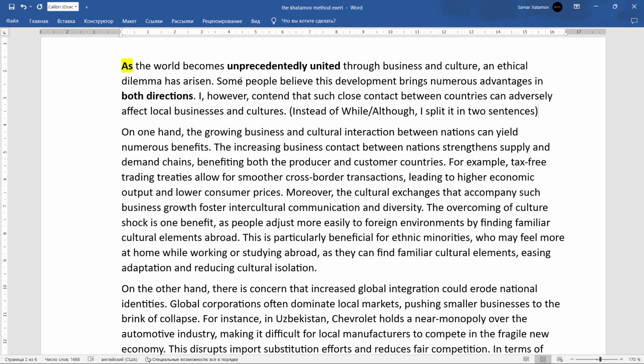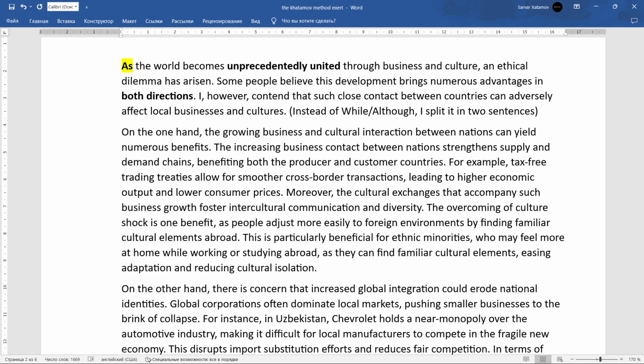Because if you use while, I think you're going to lose from coherence and cohesion. Well, at least this is what I thought when I was writing, so I made sure to play it safe here, right? So, on the one hand, or I said on one hand, there's the article missing, but that's okay. It does not have any effect on the intelligibility, I mean, the readability, so that is permissible, even at the highest level.